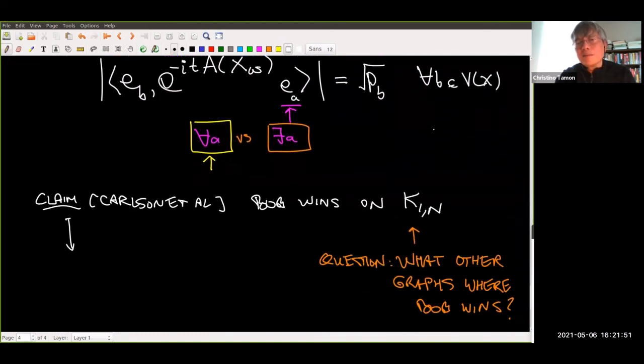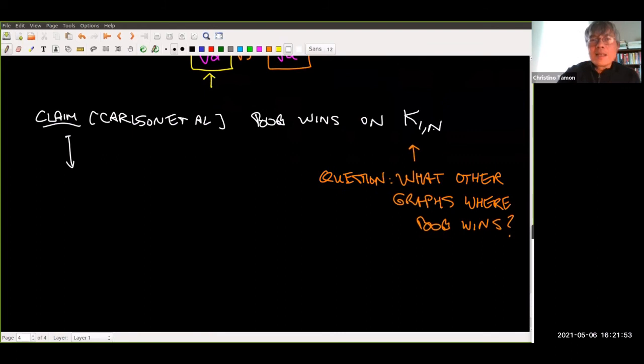On the claw, he can win, in a sense, because the claw behaves like K2 in some sense. It's like K2 in hiding, actually.